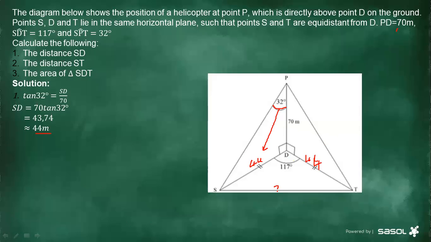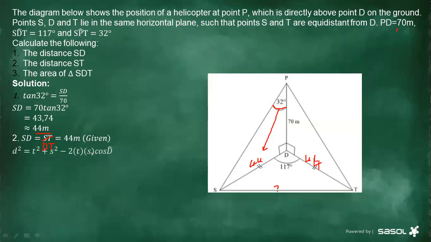Let's see what we are going to use. There is a mistake there. This is supposed to be DT, not SD. DT equals 44 meters, all right?